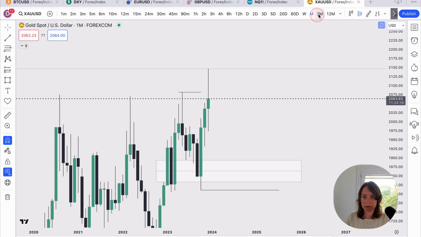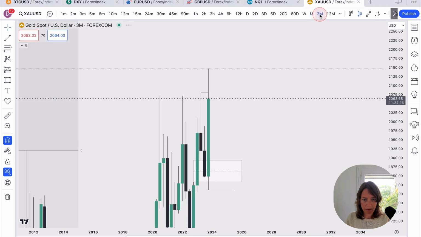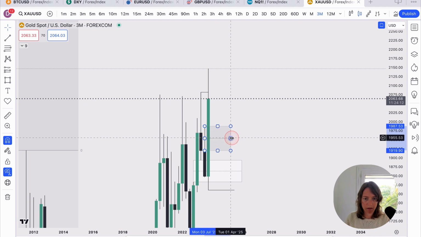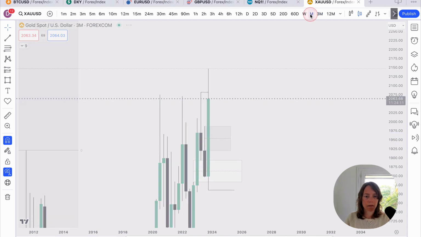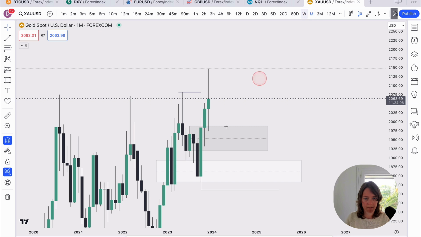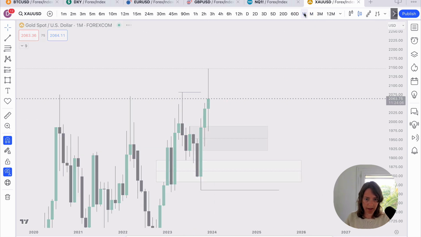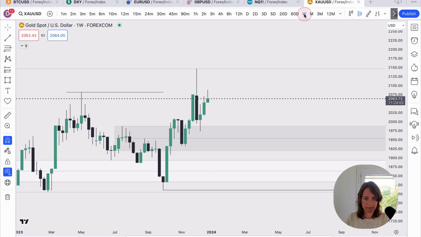Monthly balanced. Let me see, where was that? This was the 3-month order block. It already tapped into it twice. Can it do it again? Maybe. But then I don't want to see these candles be violated.